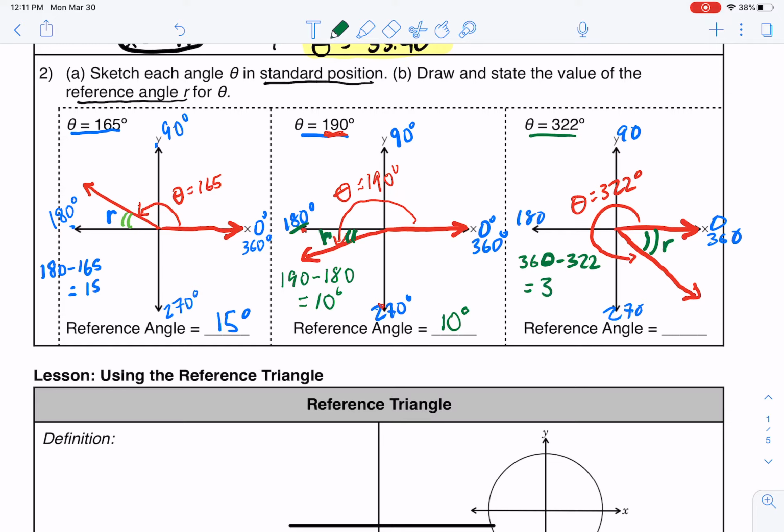So I really have 38 more degrees to go until I'm all the way around the circle. So our reference angle here is 38 degrees. We could also kind of look at the distance between that terminal side and the initial side and see that the distance we need to travel is 38 degrees.